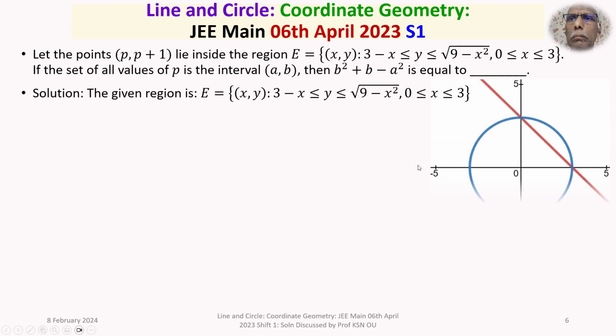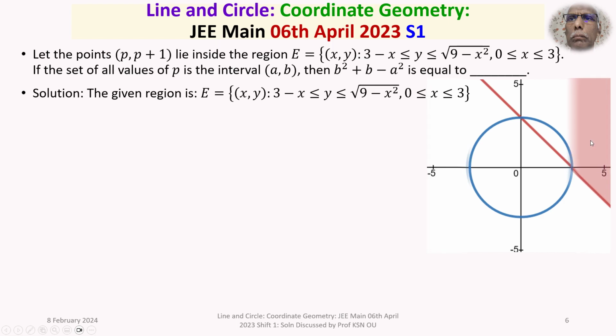The red one is your straight line, y equal to 3 minus x, and all points above that line. If y is equal to the square root of 9 minus x square, then x square plus y square is equal to 9. That is the circle with the center at the origin and radius 3. And y less than or equal to the square root of 9 minus x square is the interior of the circle.